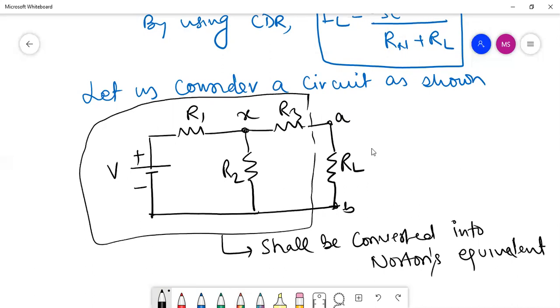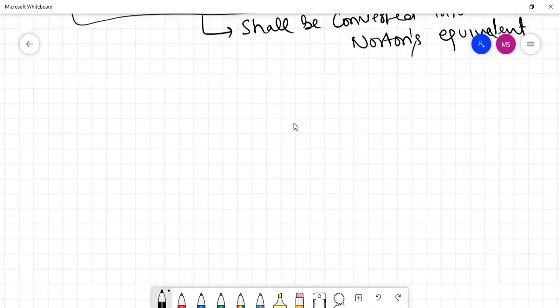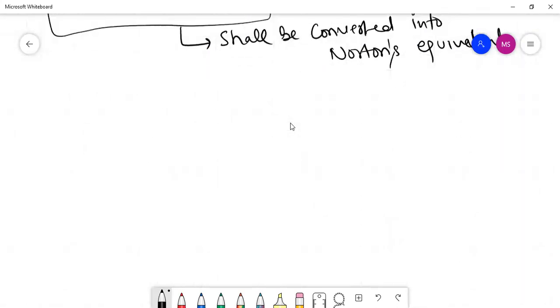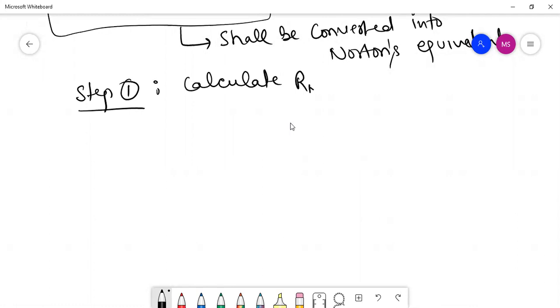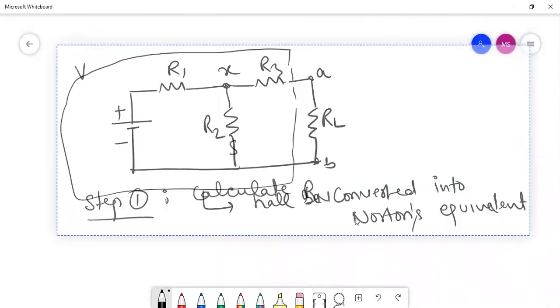Now let us understand this thing. So let us apply all these four steps one by one. So step 1 is calculate Rn. Now how will we calculate Rn?